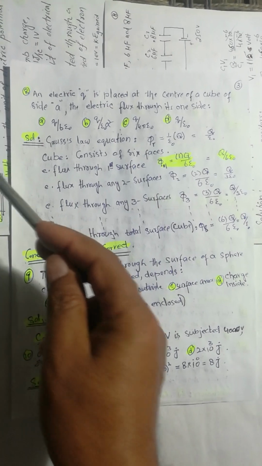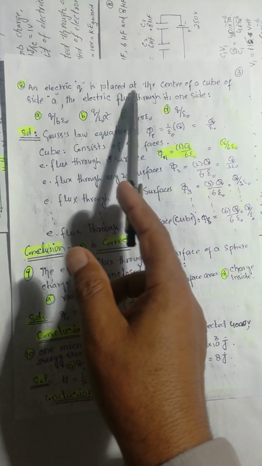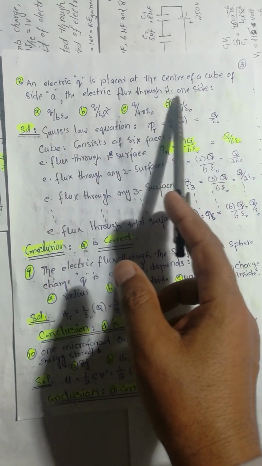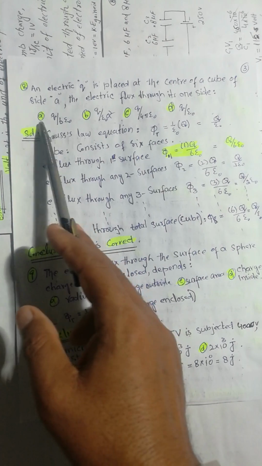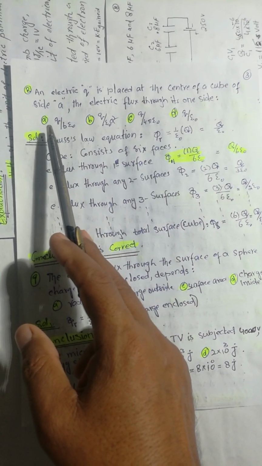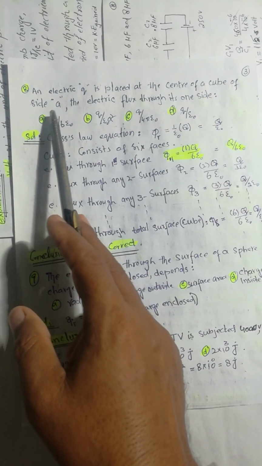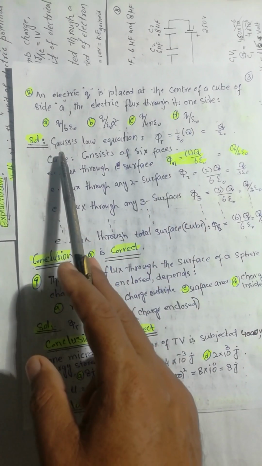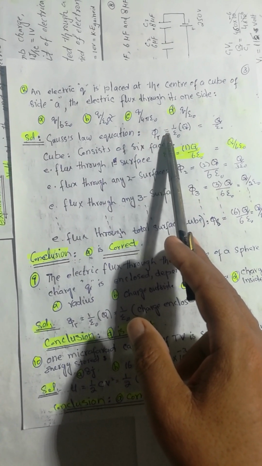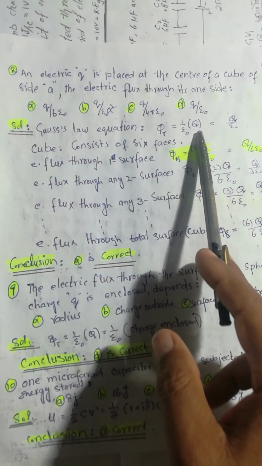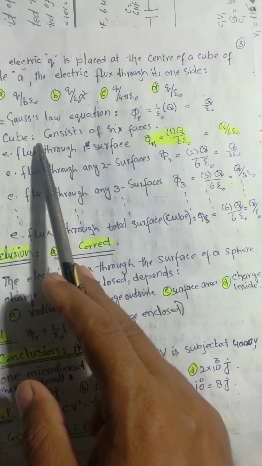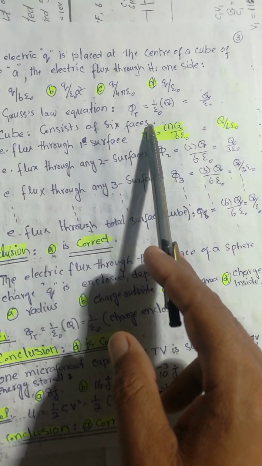Question number 8. An electric charge Q is placed at the center of a cube of side a. The electric flux through one side? Four options are given. Now we will see how much flux will pass through one side of the cubic body. So Gauss's law equation is applied. Total flux through a closed surface equals 1 over epsilon naught into Q. And a cube, we know, consists of 6 faces, 6 planes.